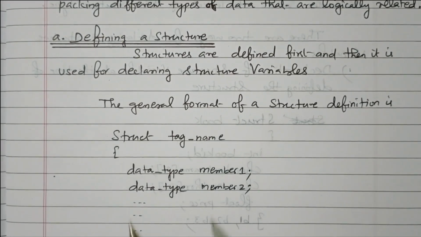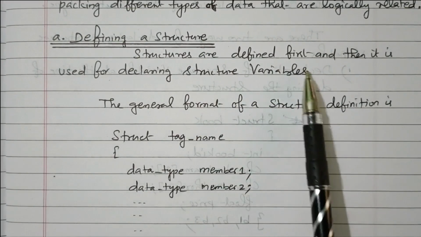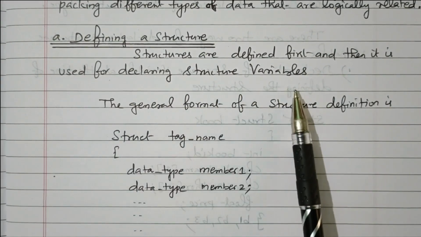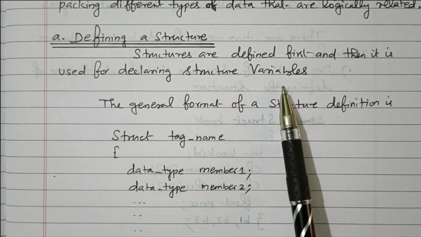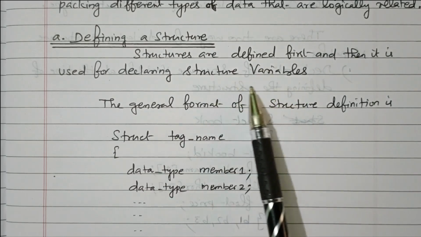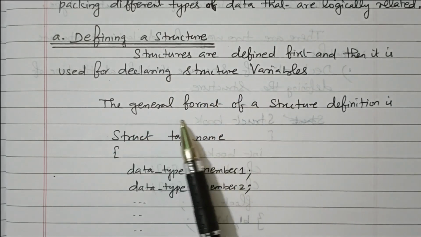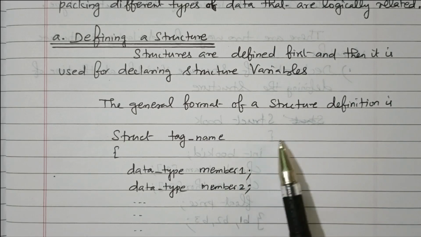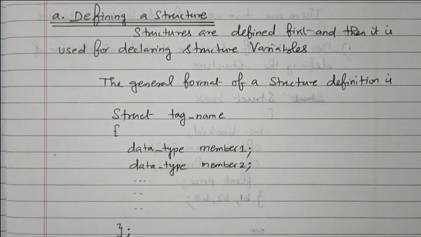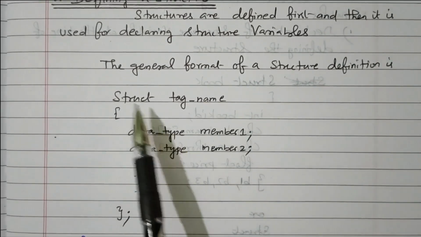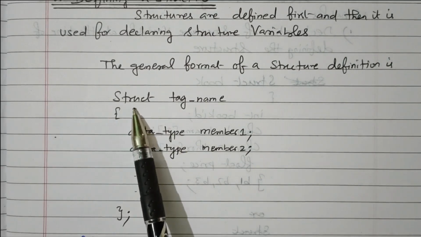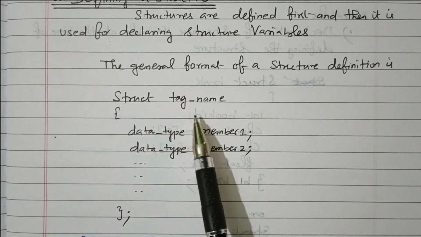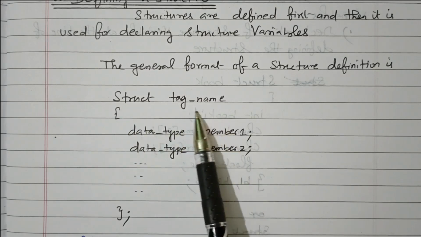We'll see now. Structures are defined first and then used for declaring structure variables. First we need to define the structure, then we can declare the variables, right? The general format of structure definition is: you have to use the keyword struct. Then you give the tag name, the structure name.